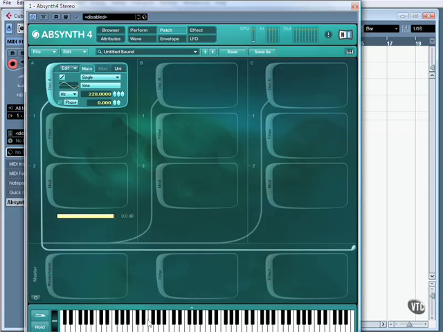So 220 gives me an A, an octave below concert A, which as we can hear is the same across the board. I can instead choose 440, and all of these give me the same tone. And so here we define essentially the source of our sound.